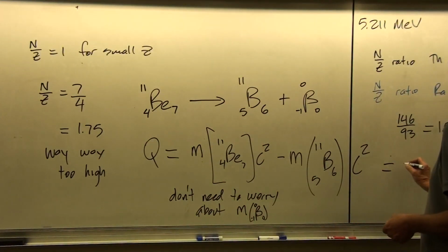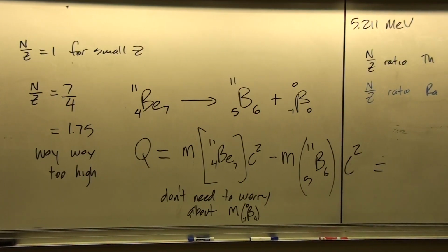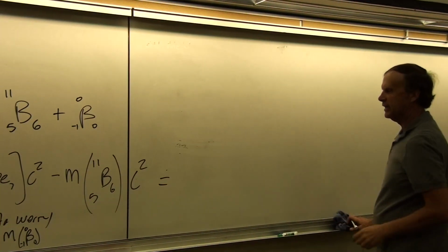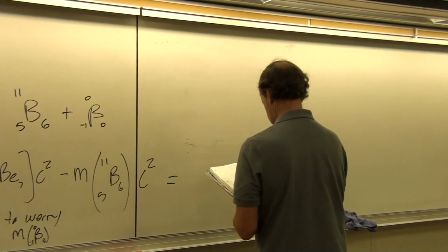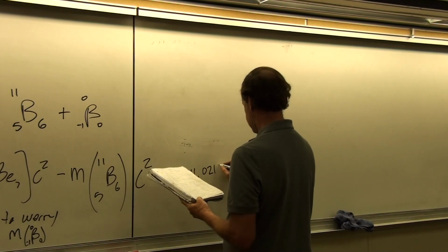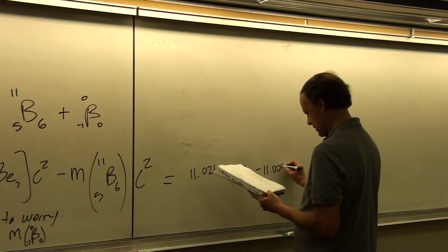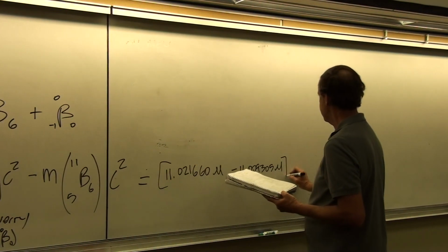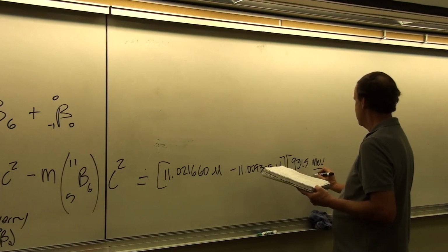Okay, so if we plug in the tabulated values for the nuclear mass of beryllium and for the nuclear mass of boron, what we end up getting is 11.021660 mu minus 11.009305 mu times the speed of light squared, which again is 931.5 MeV over mu.